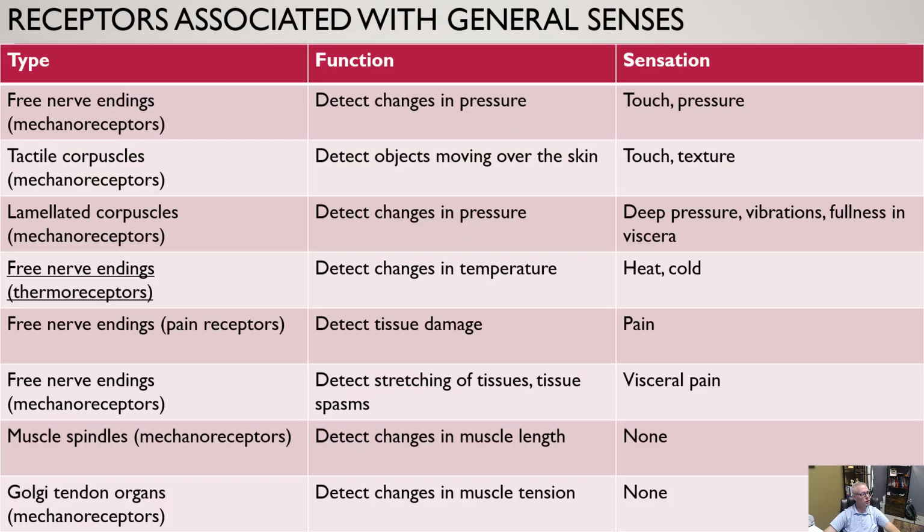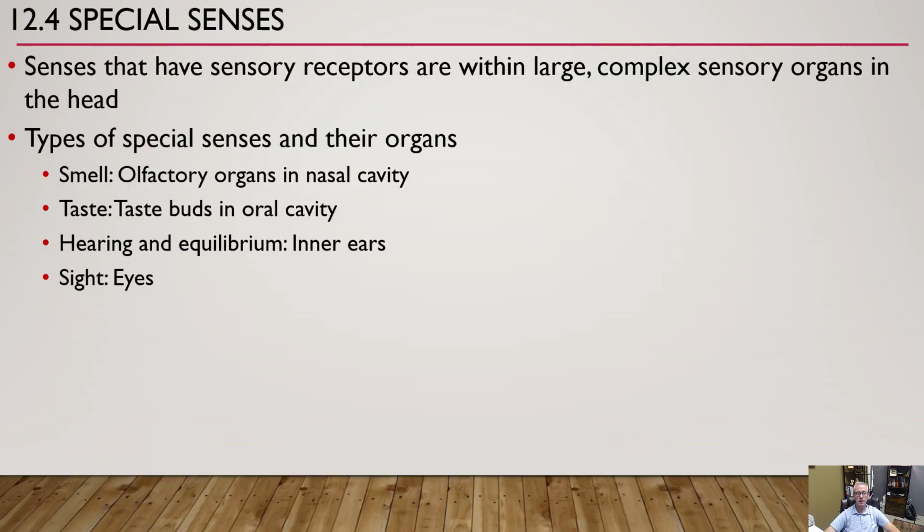All right, so just a summary slide of different types of receptors that we have, what they do. Just be familiar with this slide. Special senses, remember: sight, sound, taste, hearing, sense of smell. Olfaction is going to be in our nasal cavity.